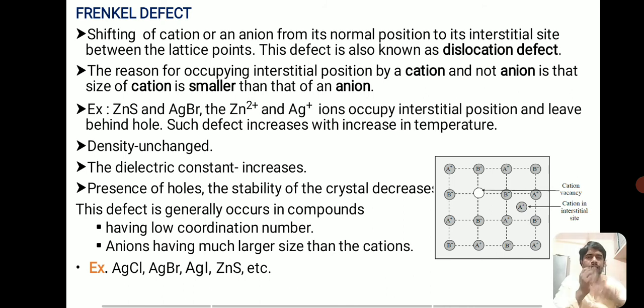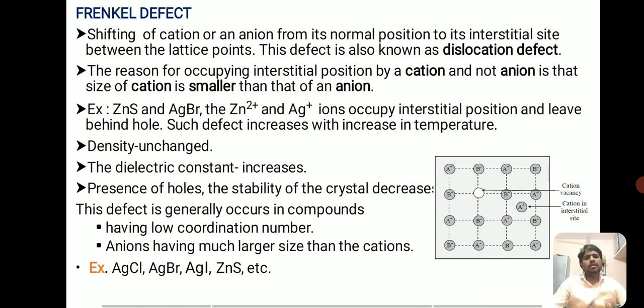In this defect, that is the Frenkel defect, the density is unchanged and the dielectric constant increases. Because of the presence of holes, the stability of the crystal decreases.